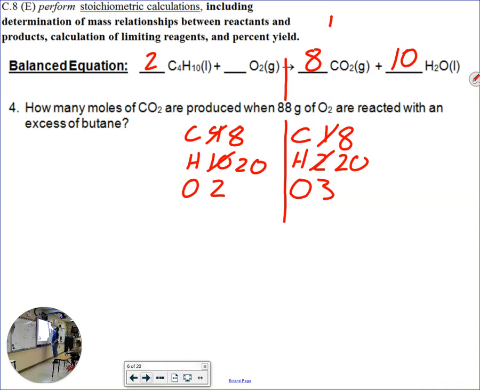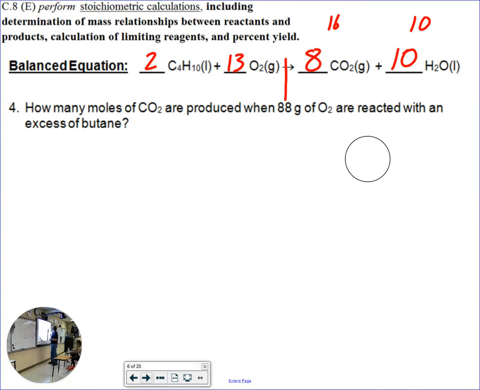That gives me 16 oxygens plus 10 oxygens for a total of 26. I need to put 13 right here. Okay, can I reduce that? Do 13, 8 then? Nope. Okay. So it's balanced. I'm going to go ahead and get this out of my way now.